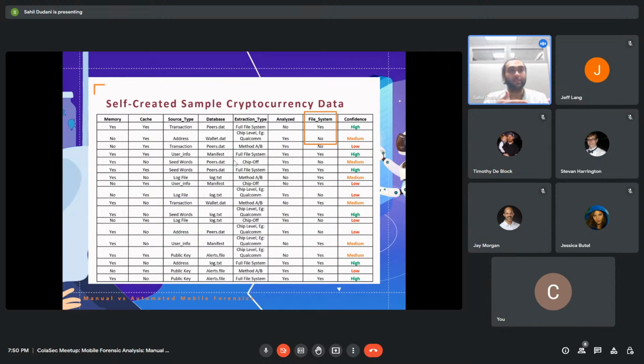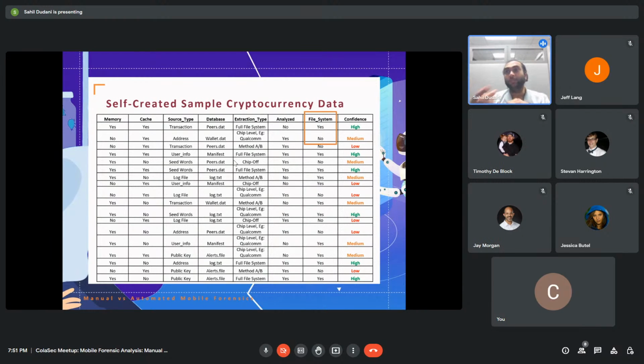So that's the difference between full file system and Qualcomm Live. Method A and method B are something that Cellebrite does. They try different kinds of exploits for a particular extraction besides Qualcomm Live. And again, Qualcomm Live is only available for devices which have Qualcomm chips, and that's mostly Androids and Samsungs.